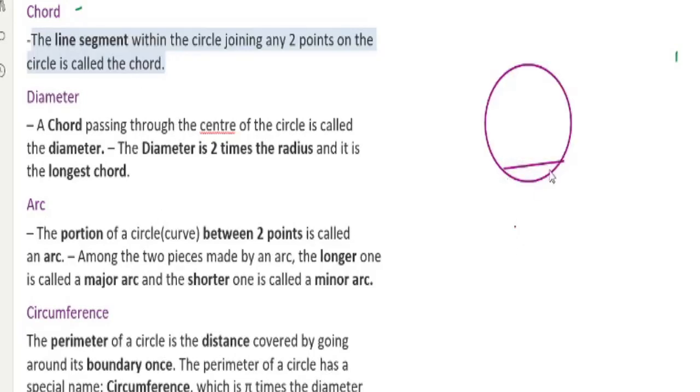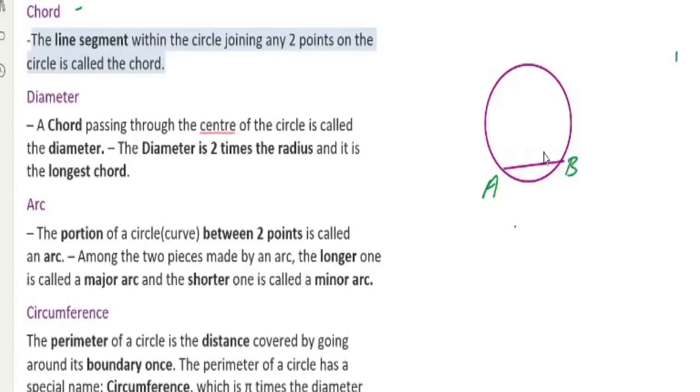So this is a line segment within the circle. Suppose this is AB. So AB is a line joining any 2 points on the circle. So this line segment is known as a chord of the circle.